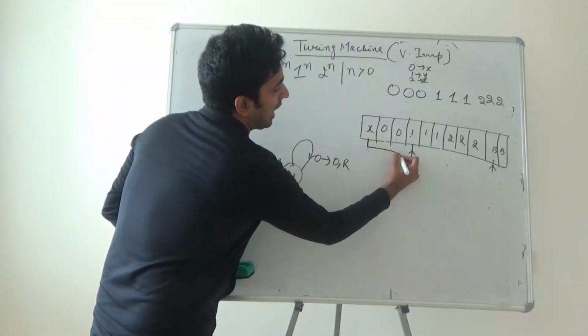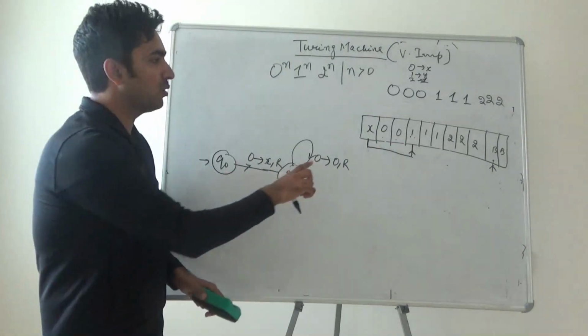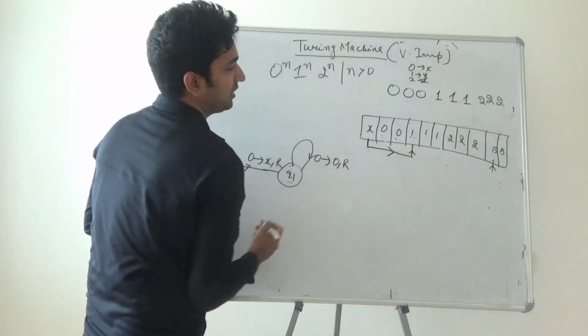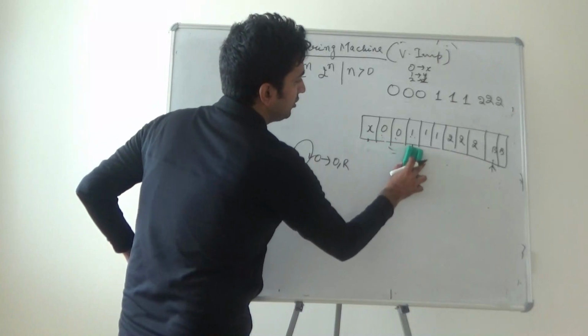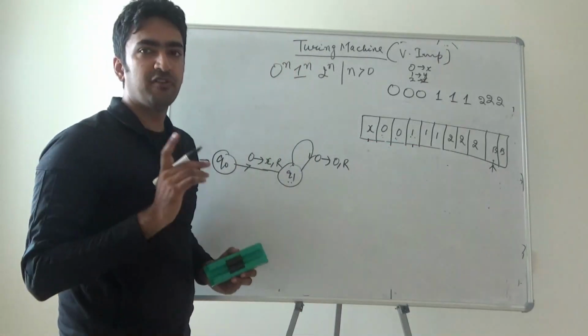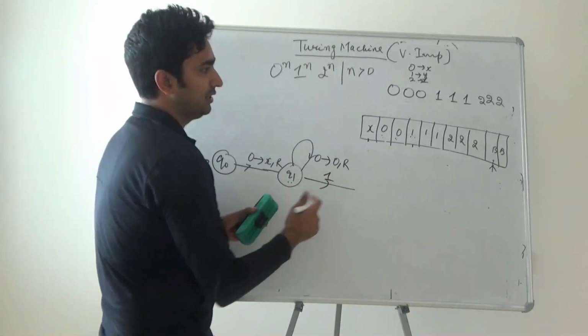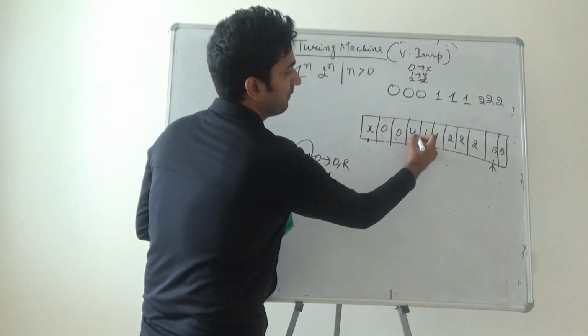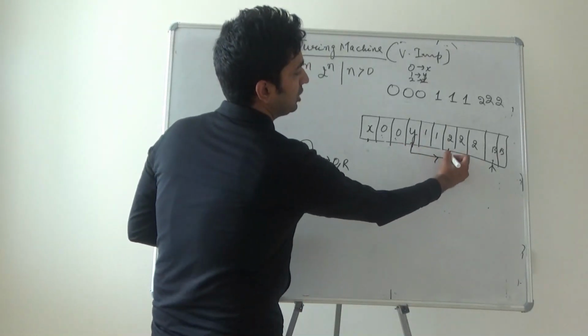From this x I have to reach 1, and 2 zeros are encountered, so 2 zeros are taken into consideration. Now you are at 1. So it means you are at this one. The moment 1 is reached, it gets converted to y, and your target is to reach this 2.